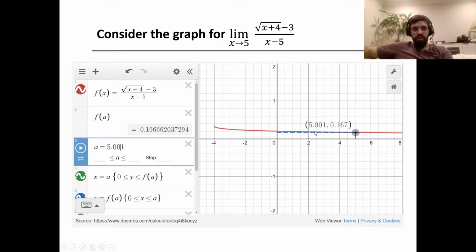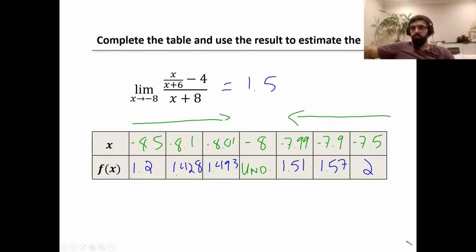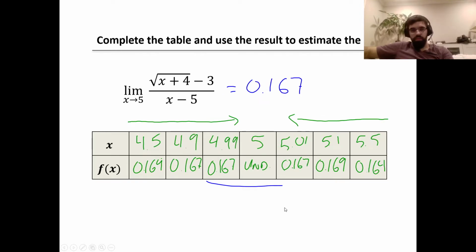If I keep making that interval shorter and shorter, I see that as we approach 5 from the right, our limit is about 0.167 as well. So on this function, even though at x equals 5 we're undefined, as x approaches 5 from the left and from the right, the limit is 0.167.